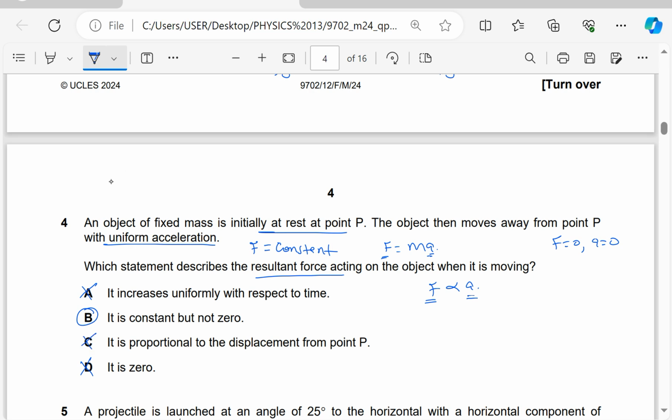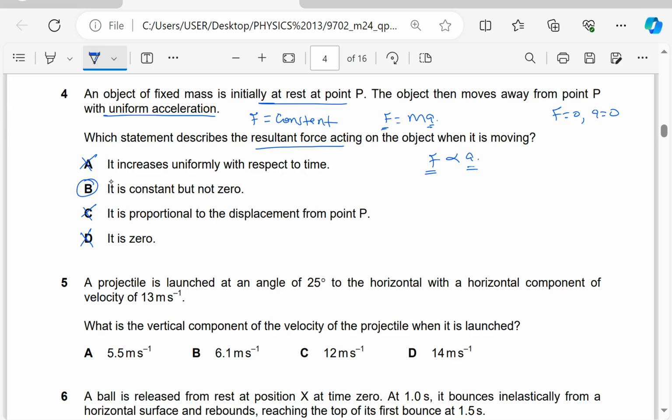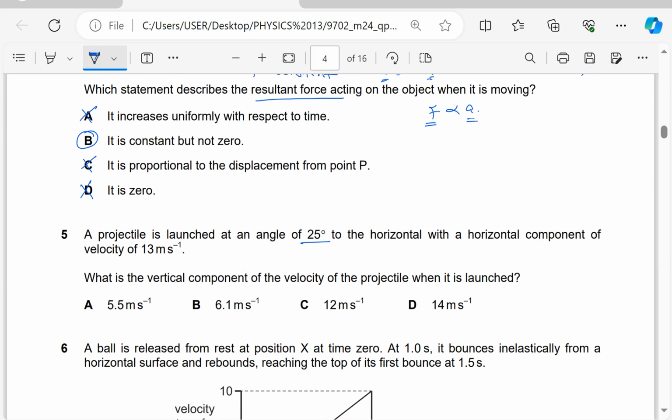A projectile is launched at an angle of 25 degrees to the horizontal with a horizontal component of velocity 13 meters per second. I'll just sketch a simple projectile here. It has been launched at an angle of 25 degrees to the horizontal. So V in the horizontal, I'll call Vx, is given as 13.